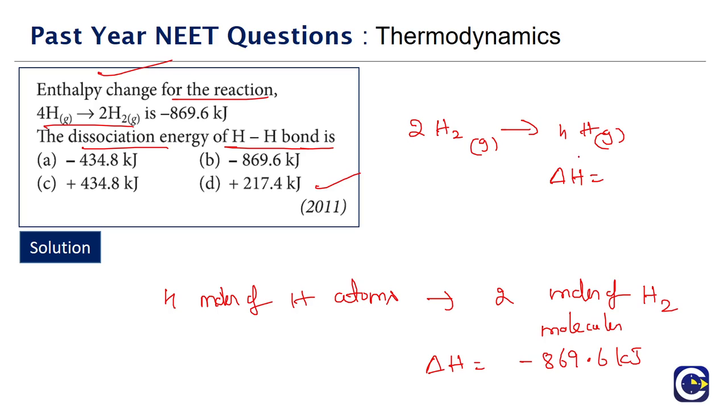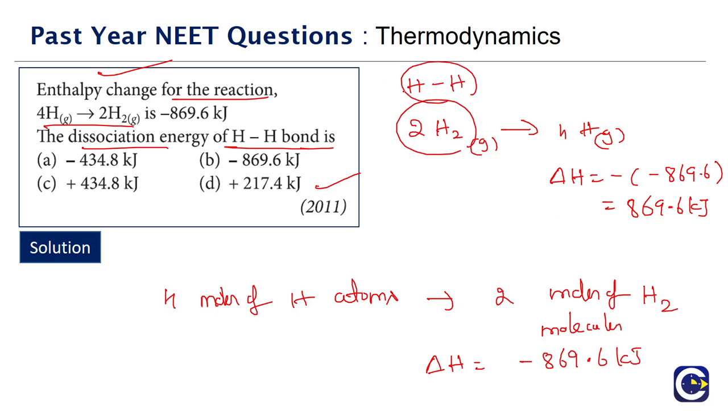When you reverse a reaction, the enthalpy change becomes the negative of the original, so it is 869.6 kilojoules. But 2 moles of hydrogen molecules means 2 moles of hydrogen bonds, so we divide this by 2.